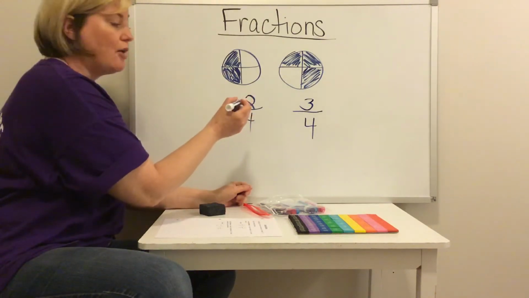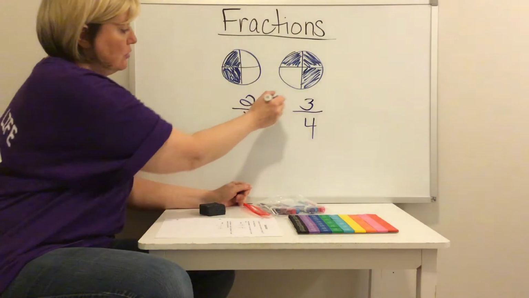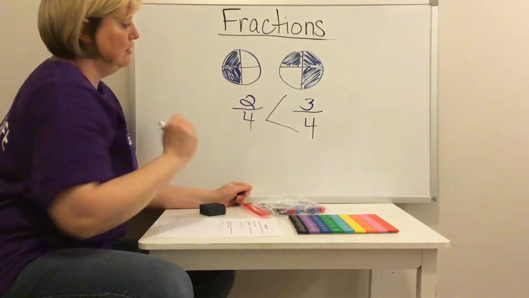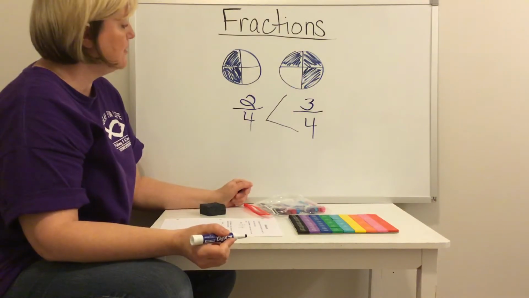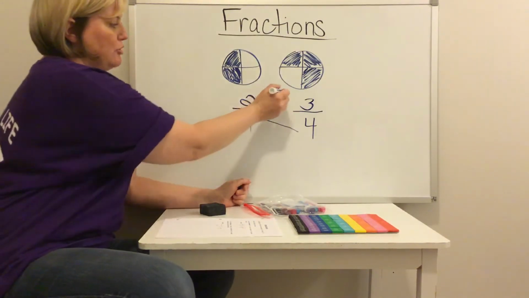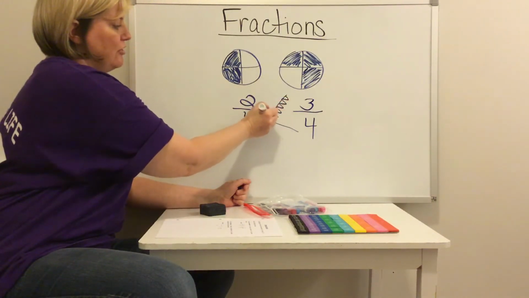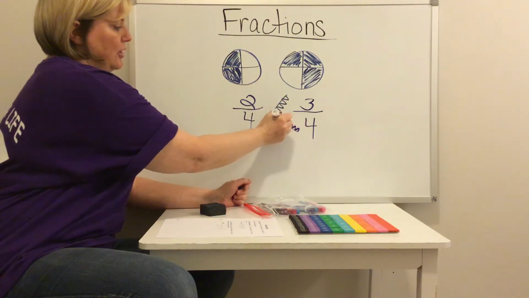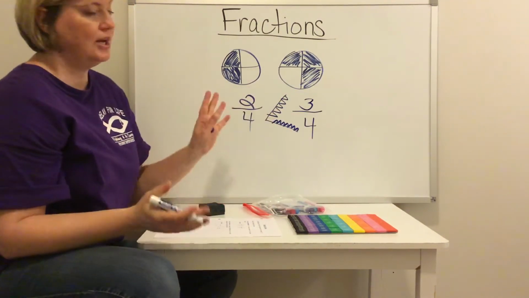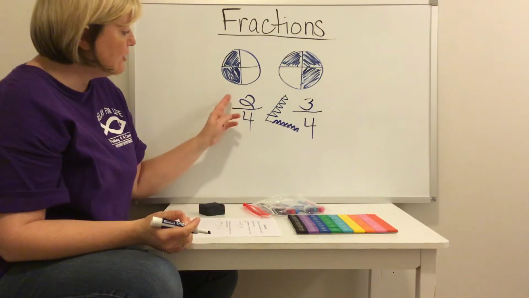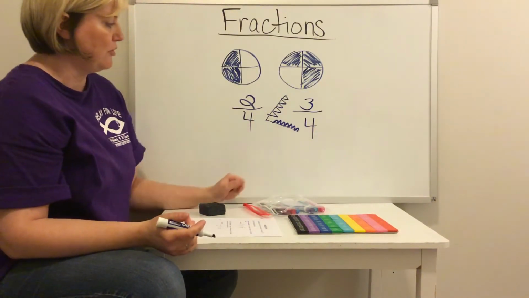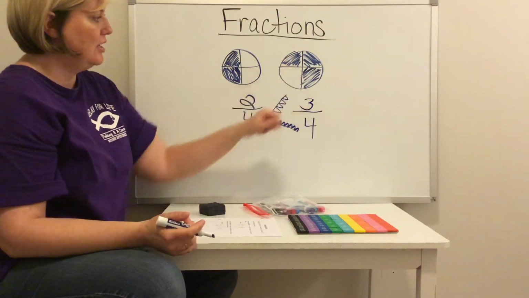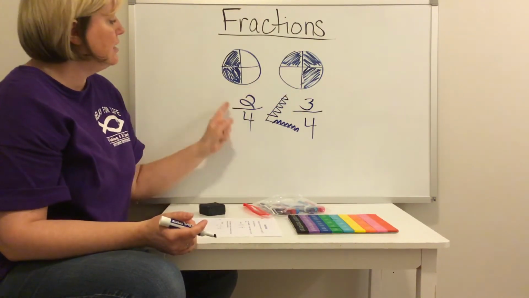So we would do our less than symbol, which is pointing to the right or opened up to the right. Okay? Remember, you can think of it as the alligator's mouth. The alligator wants to eat the bigger one, so he's opening up to the bigger one. We read this 2/4 is less than 3/4 because 3/4 has more area shaded in than the 2/4.